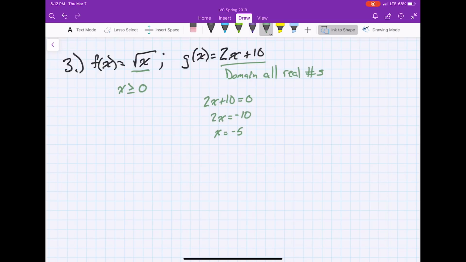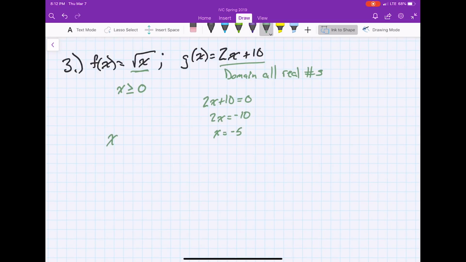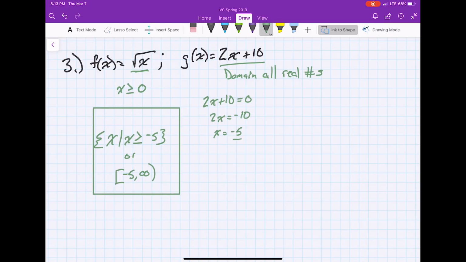So in our set builder notation, we would write x such that x is greater than or equal to negative 5. Because if it's equal to negative 5, that would make the function f of x 0, and that's not imaginary. If you write it in the other notation, it would be a bracket because negative 5 is included, right? So interval notation, negative 5 to infinity.